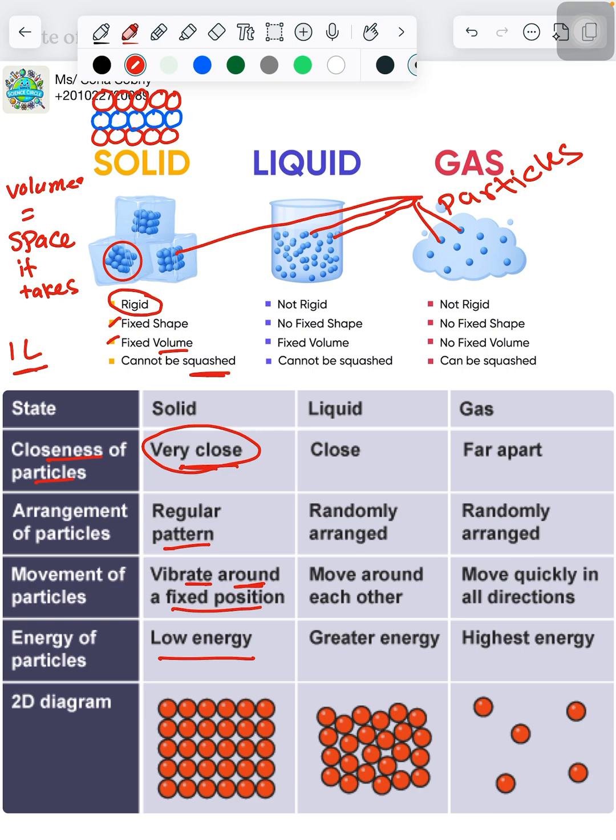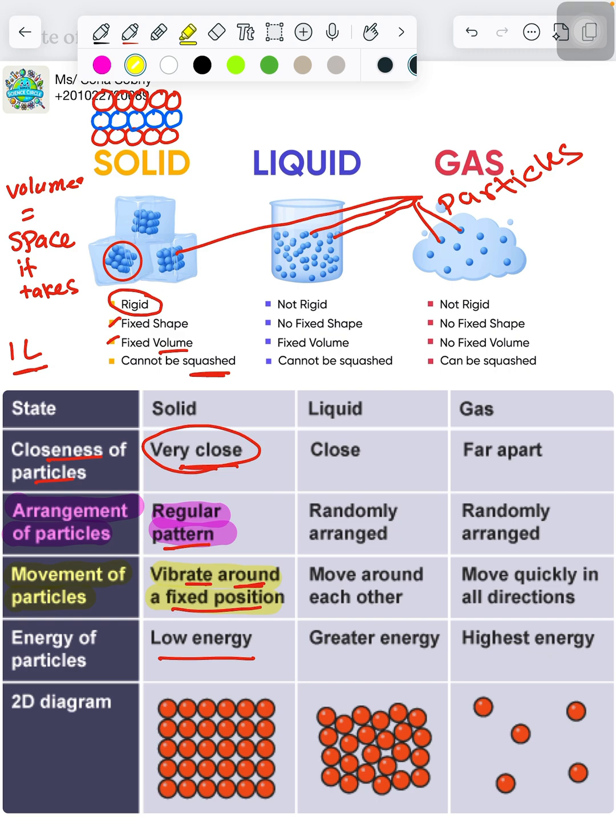So again, what's very important here is the arrangement of particles. They are arranged in a regular pattern, and also its movement. Particles of solid vibrate around a fixed position.